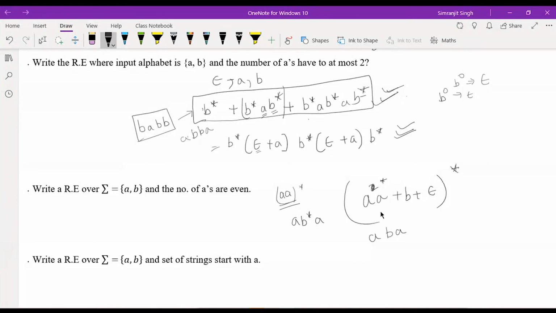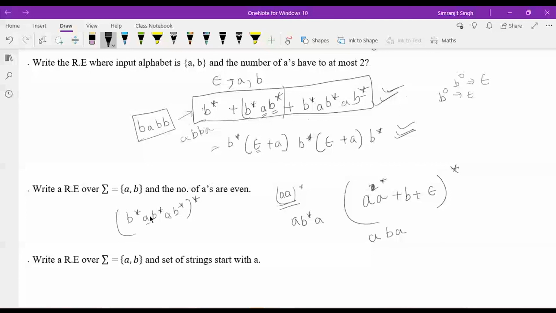Okay. So another one, I think I got from Chahat Bindra. So just let me write it like this: B star A B star A B star. Yeah, so now number of A's has to be even. So Chahat has taken care of if the B can come in between, that is also taken care of.